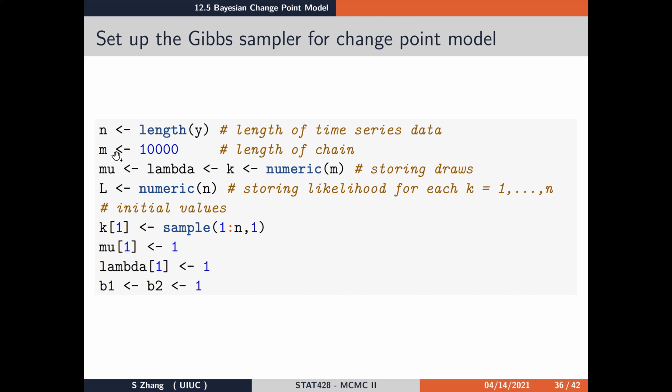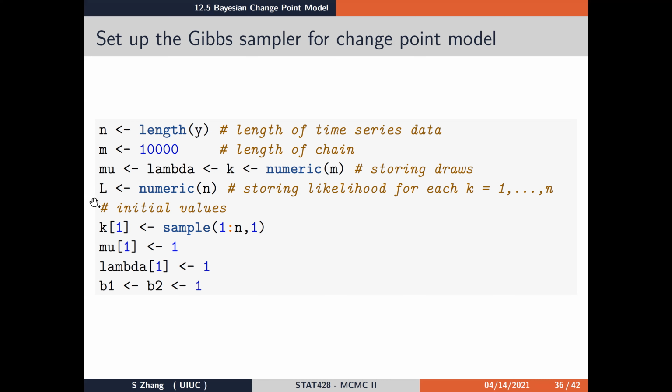We will run a total of m equals 10,000 iterations for the MCMC, and we will create 0 vectors of mu, lambda, and k for storing the MCMC draws. You might notice here that we're not storing the b1 and b2 because they aren't the parameters of interest for our current change point model.